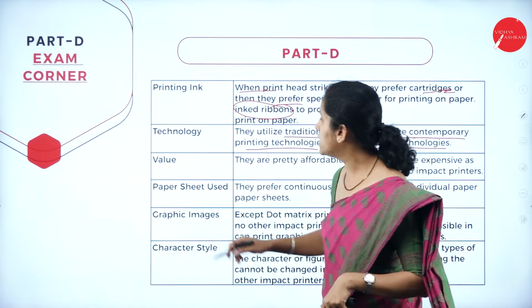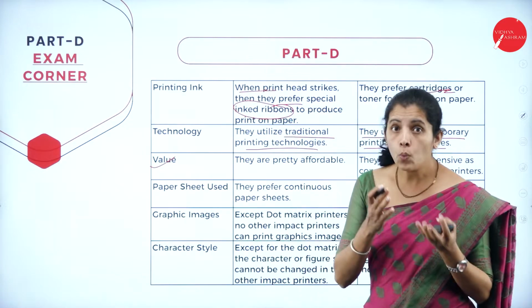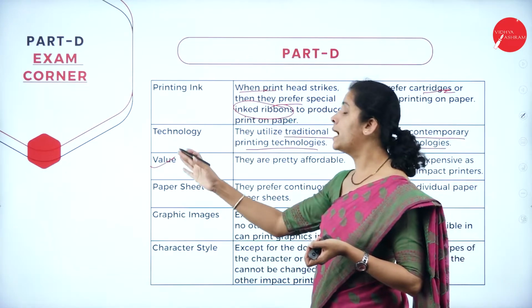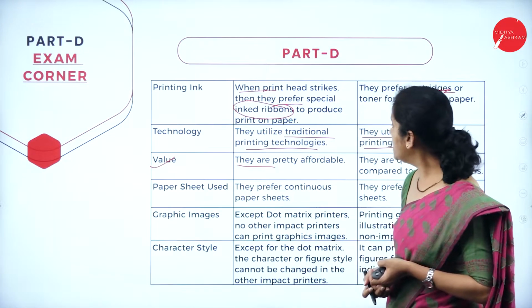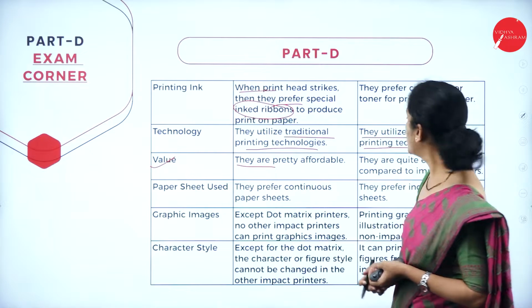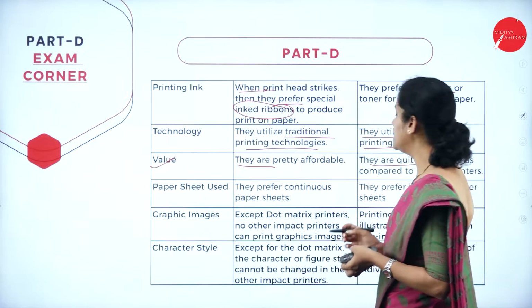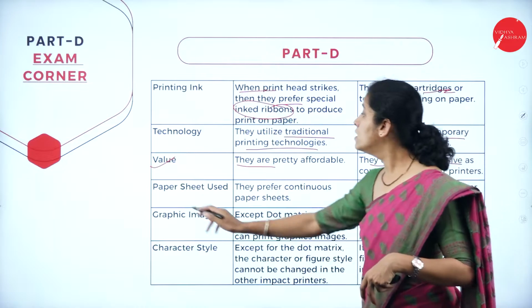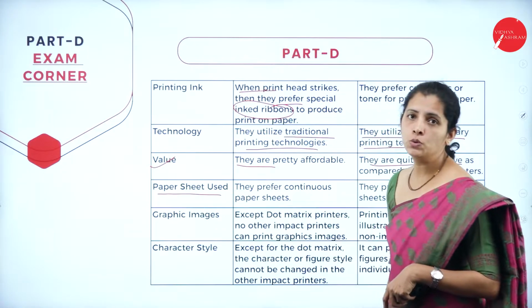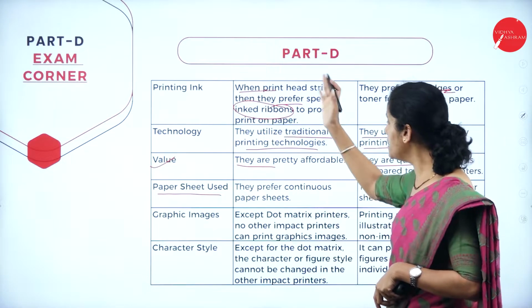Now, let me consider value. What is the parameter? That is value. Impact printers are pretty affordable. But what about non-impact printers? They are quite expensive.